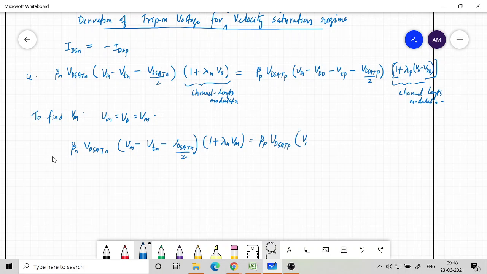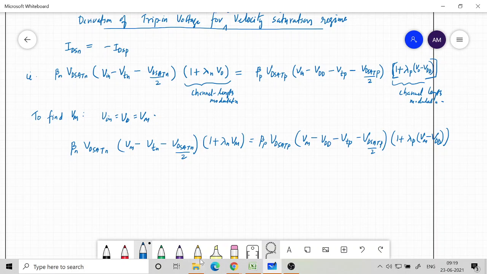Vin is again Vm minus Vdd minus Vtp minus Vd sat p by 2 into 1 plus lambda p into Vm minus Vdd.